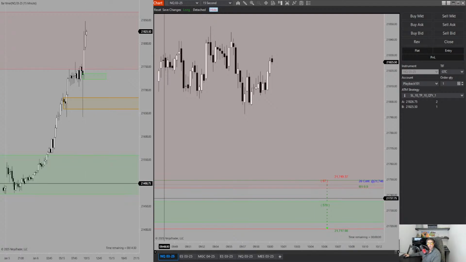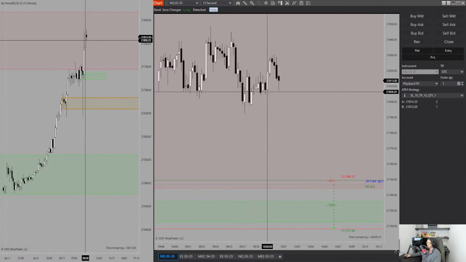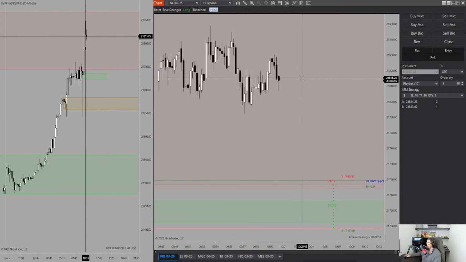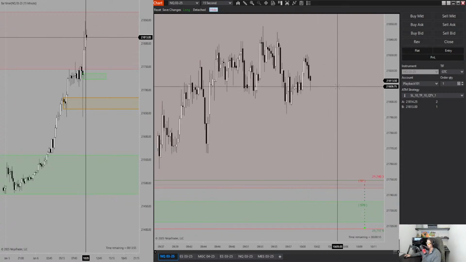Oh, and the 4-hour candle just closed. Okay, we did fill this gap. This is looking a bit like a distribution right here.